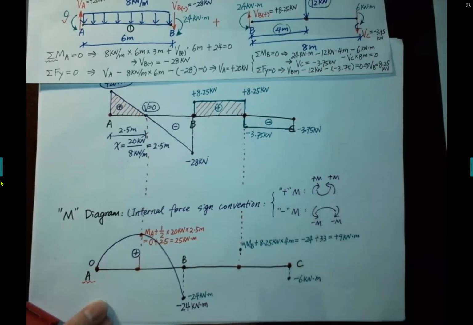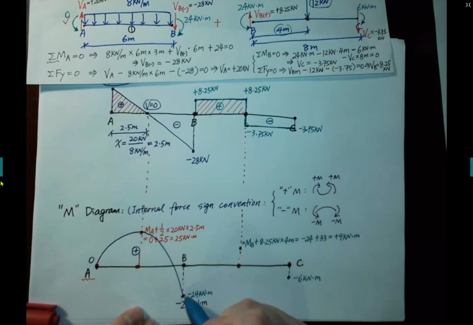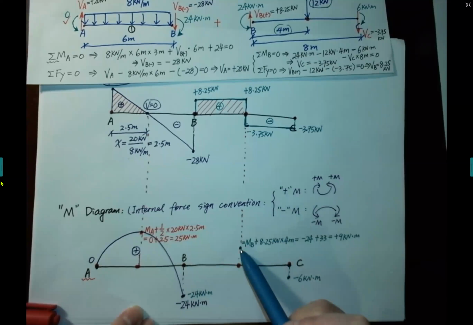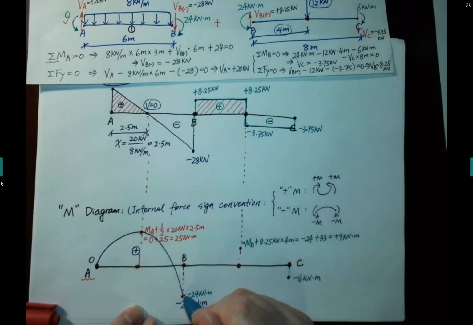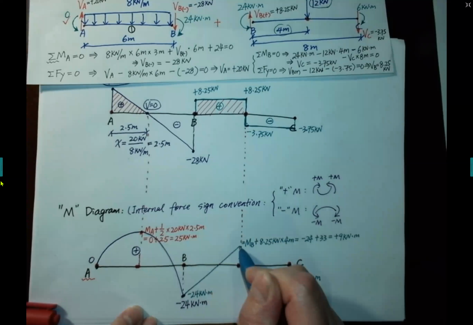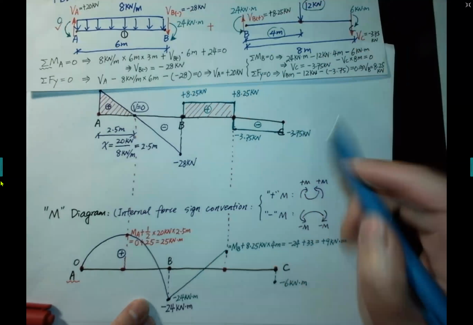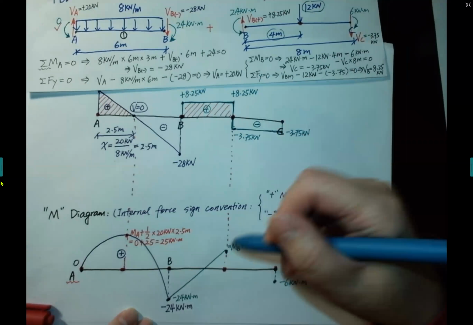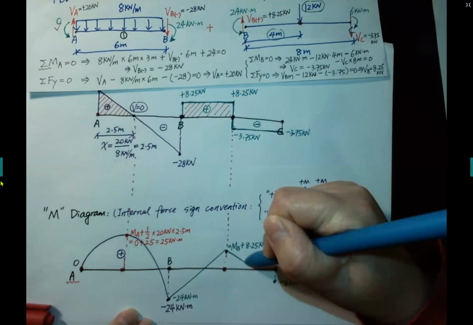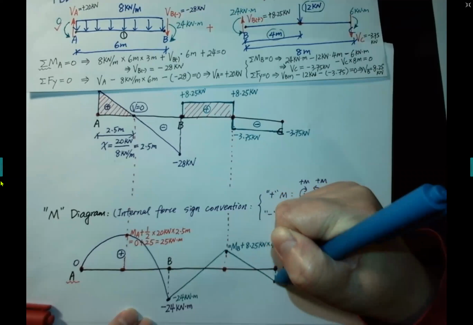And after that, we can just connect the key points. For B to the key point, 9 kilonewton meter, the shear force is constant, so we connect these 2 points by a straight line. Slope constant. And after passing the point load, the shear force is constant at negative 3.75, so the slope is negative 3.75, a straight line.